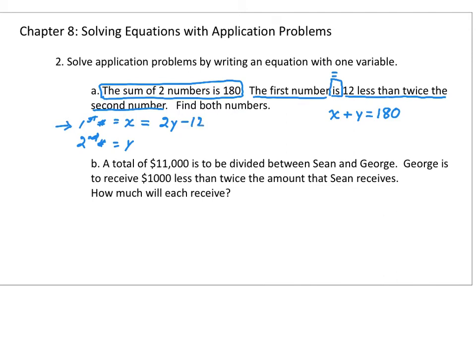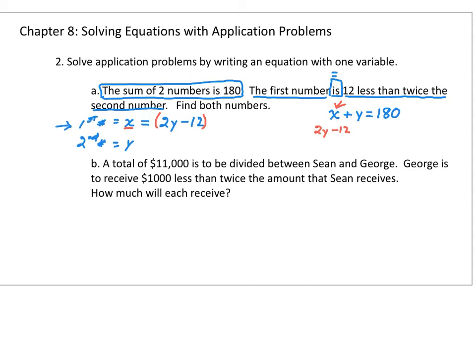Find both numbers. So now what we're going to do is use this 2y minus 12. Don't get your variables mixed up if you use two variables. We're going to use that 2y minus 12 to represent the x. So come back over here to our equation where we wrote the sum of two numbers is 180 and change that x into 2y minus 12.